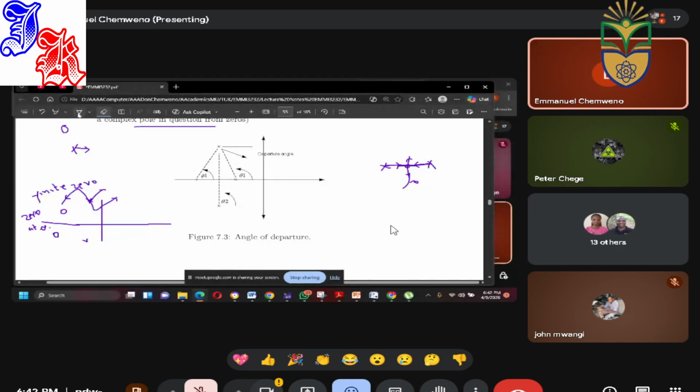Now, you have your pole-zero arrangement. This is a pole, this is a pole, they occur in conjugates, these are zeros, and these are poles. Angle of departure: how does this pole take off towards the zero or to infinity? It takes off from this expression.